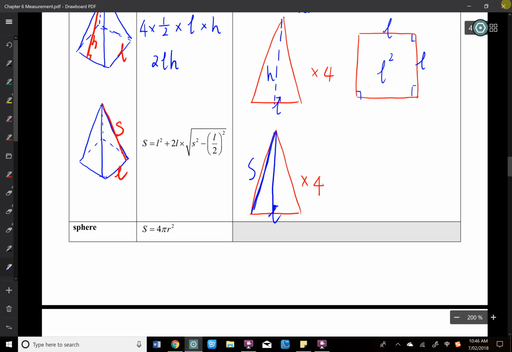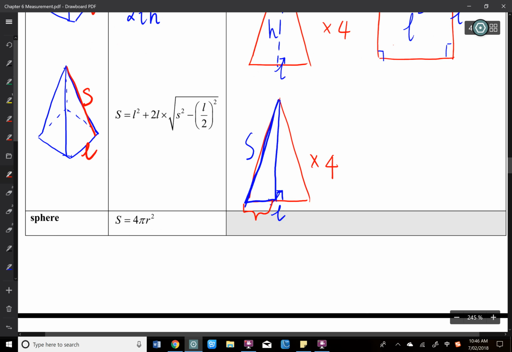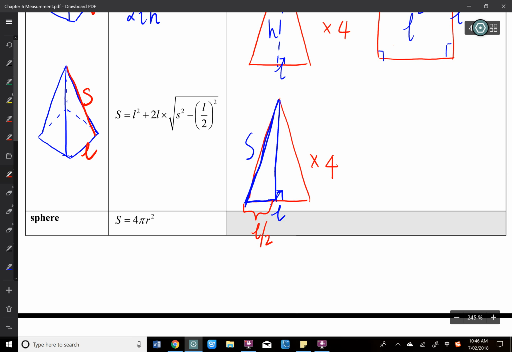Now this is a right angle triangle, half of that. What's this length? Half of L, that's right, because it's an isosceles triangle, when we draw the height to the base, it cuts the base into half. So half L.